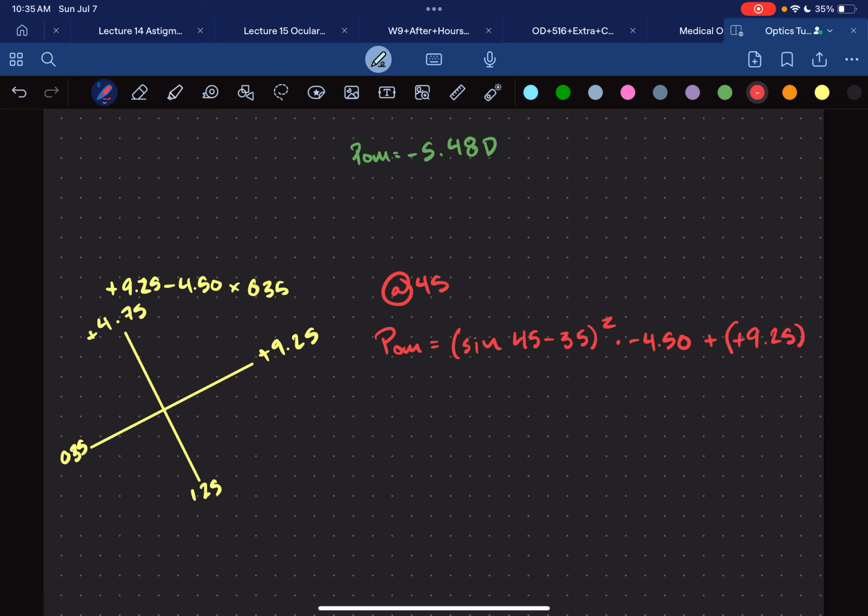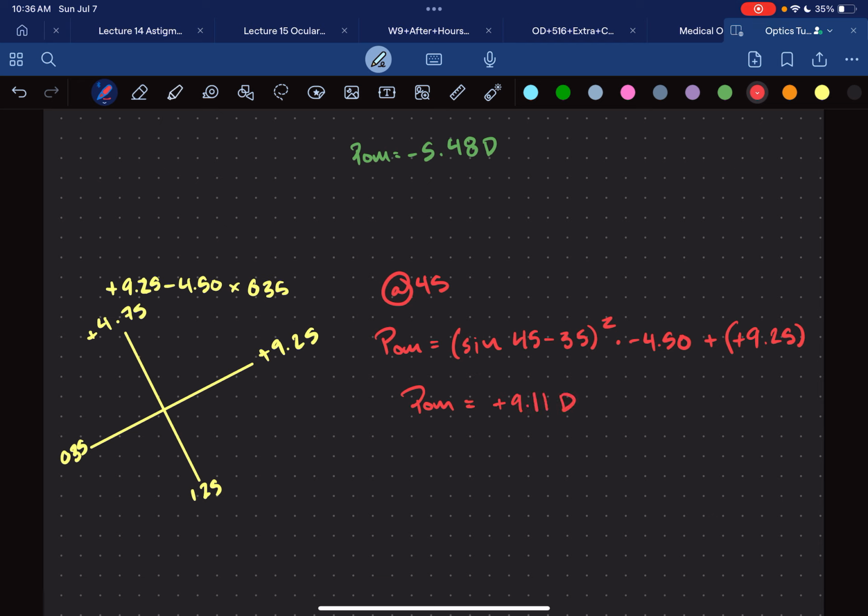Okay, so I'm just going to talk it through. We'll do a sine, 45 minus 35, that's going to be 10. Sine of 10, square that, times it by negative 4.50, add 9.25 to that. And so we'll get a power on that meridian of a positive 9.11 diopters.